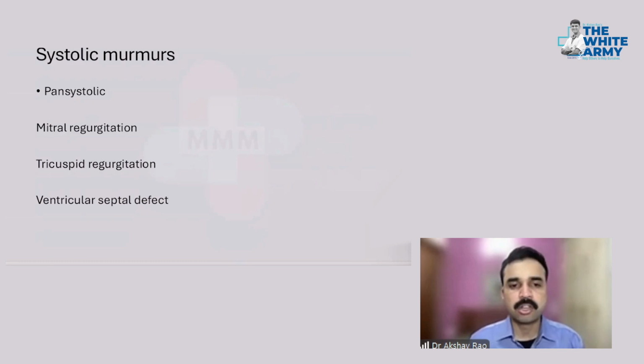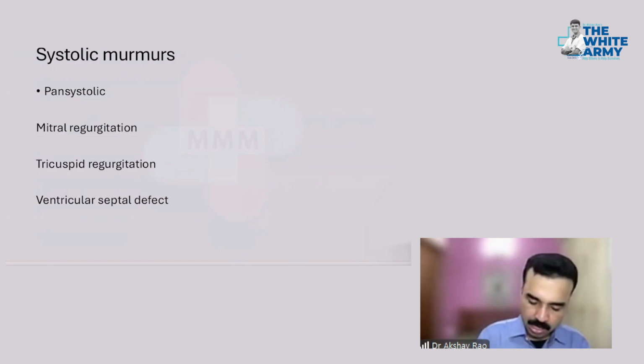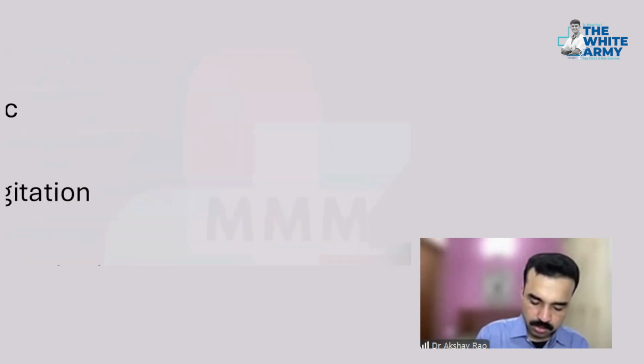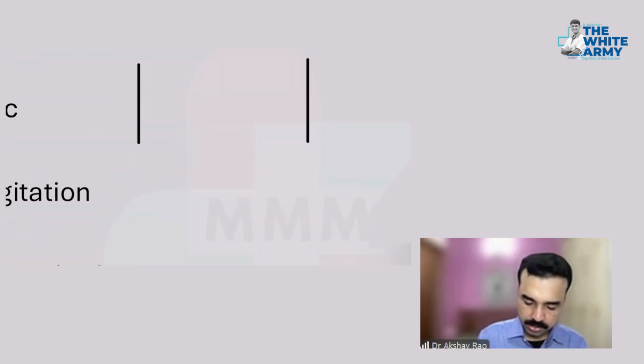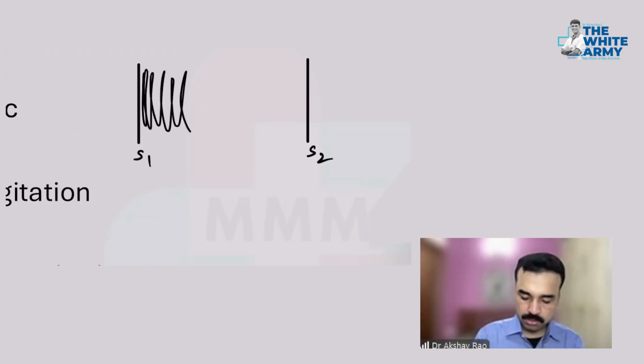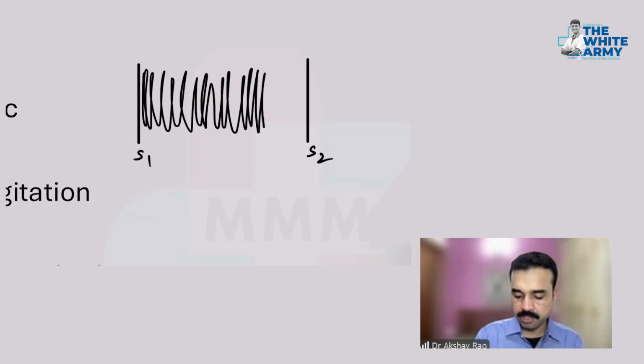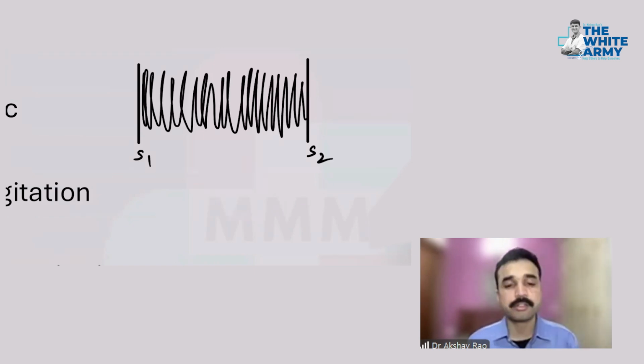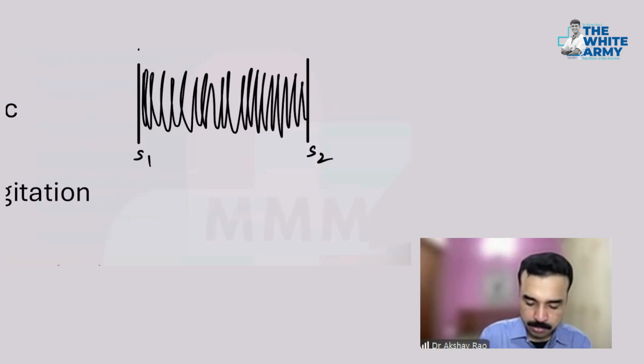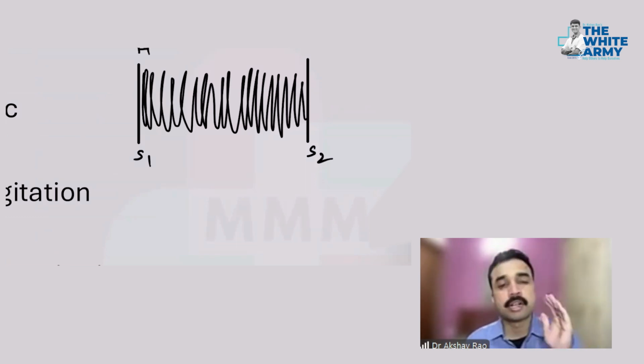Pansystolic murmurs, which means how will you describe the pansystolic murmur? If you hear the S1 and the S2, and the murmur seems to last throughout the systole, right from the beginning of S1 till the occurrence of S2, which means you can't clearly make out the gap between the occurrence of S1 and the start of the murmur.